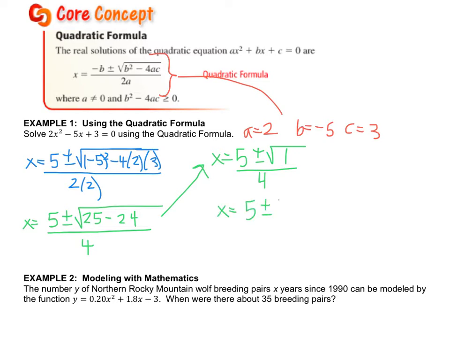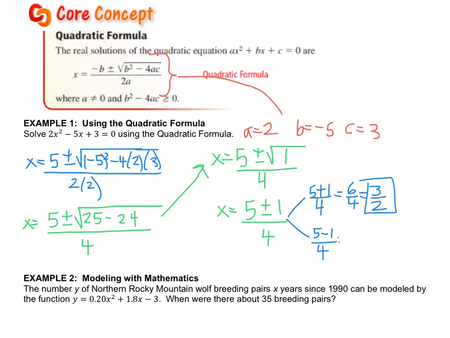The reason that you have plus minus is because we know that we're going to have 2 answers. The 2 answers are either 5 plus 1 over 4 or 5 minus 1 over 4. So 5 plus 1 is 6 over 4, which is 3 halves or 1.5.